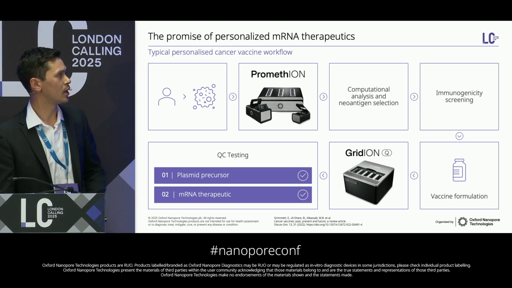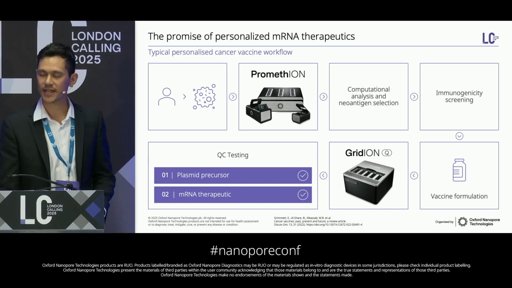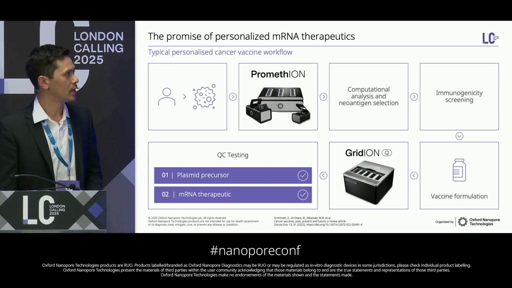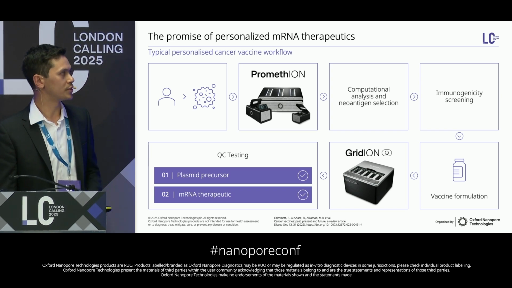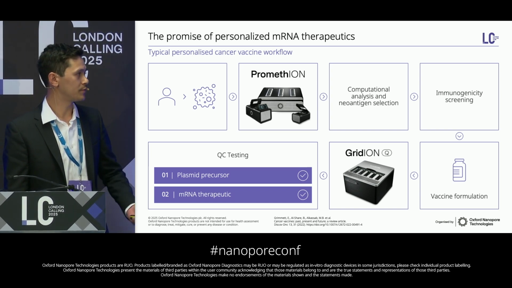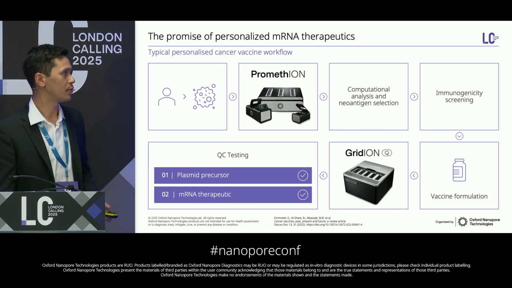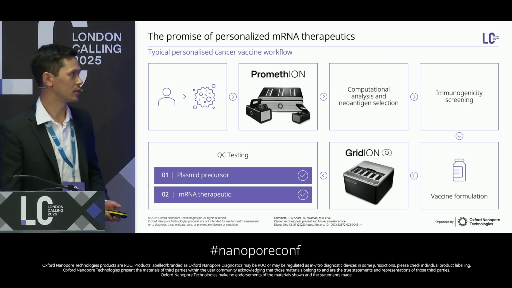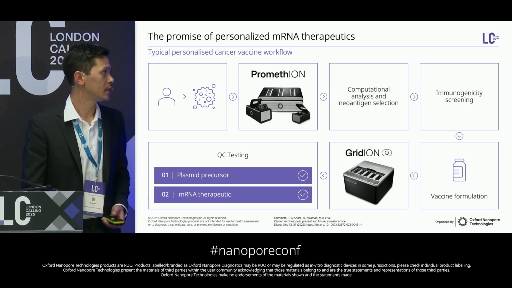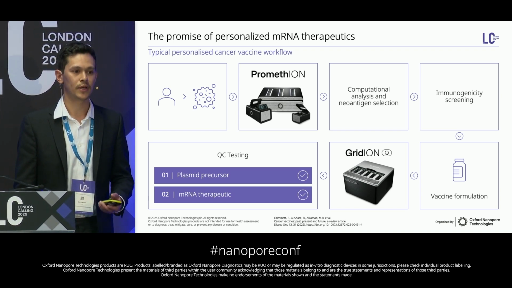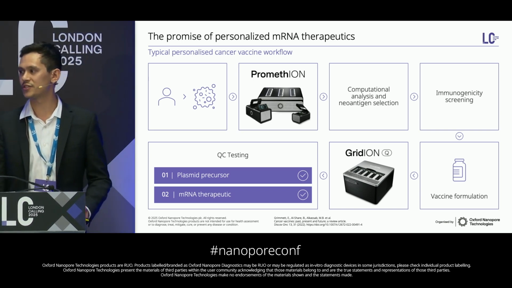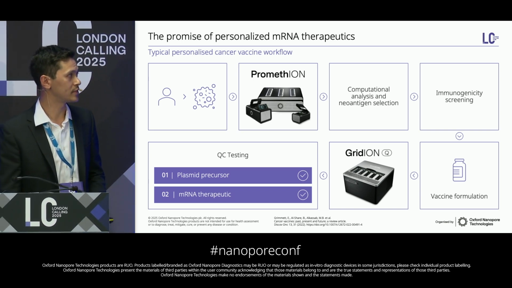So here we have an overview of what a typical personalized cancer vaccine workflow might look like. Starting at the top, which we call the discovery phase, where we start with an individual and we take a sample of the tumor and the blood. That is then sequenced on a high-throughput device like a PromethION, and then we analyze that data to identify neoantigens, and these are antigens that are present only in the tumor and not in the healthy cells.